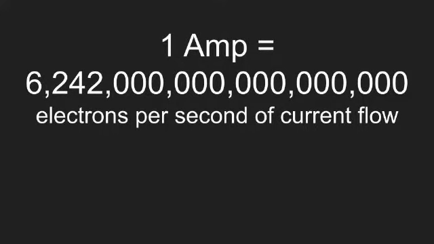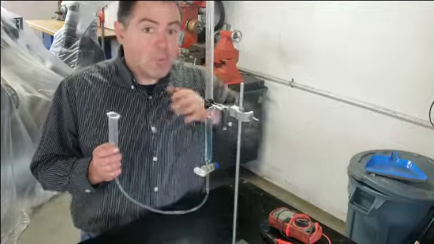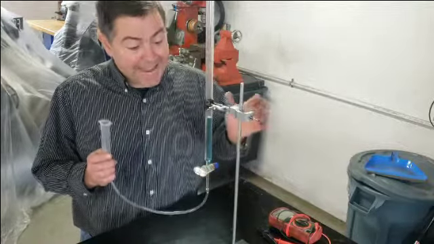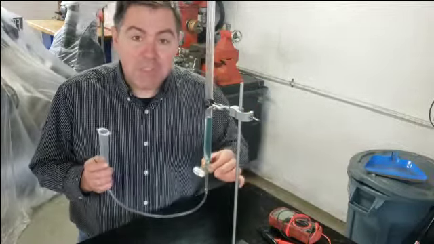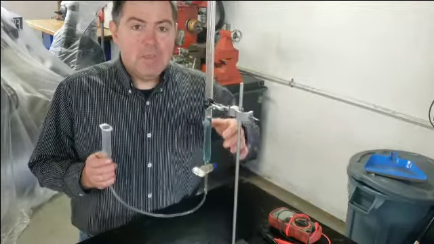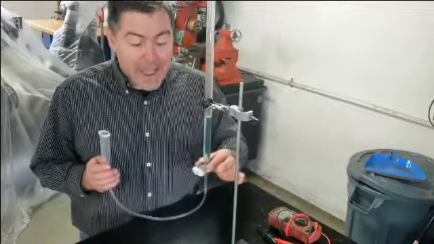In this example, our flow is represented by our fluid. Currently, there is no flow taking place in my system. The reason there's no flow taking place is because I have an infinite amount of resistance. This circuit is completely blocked by my valve.